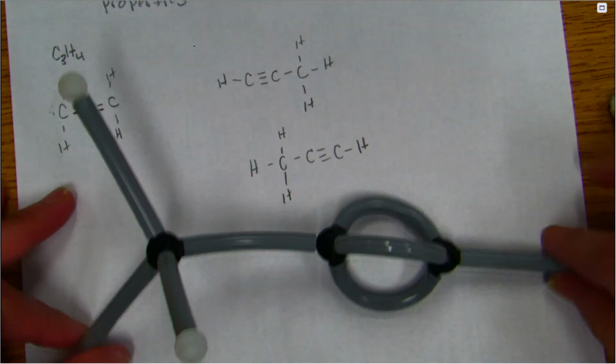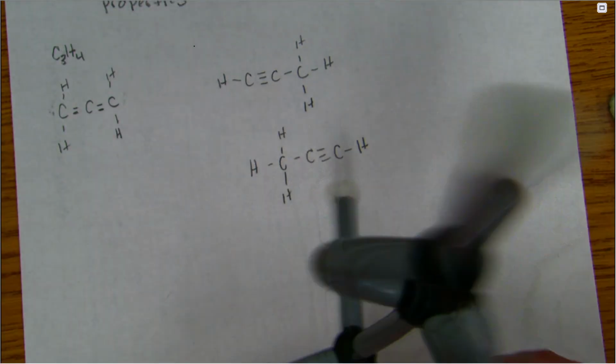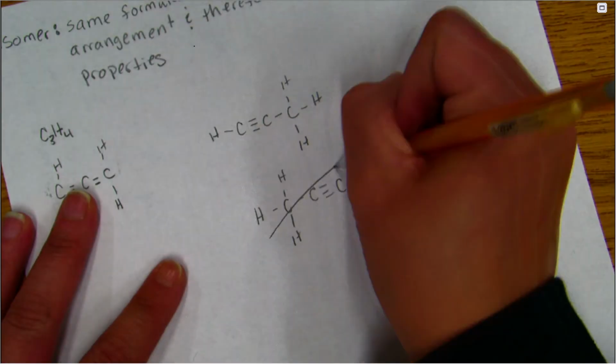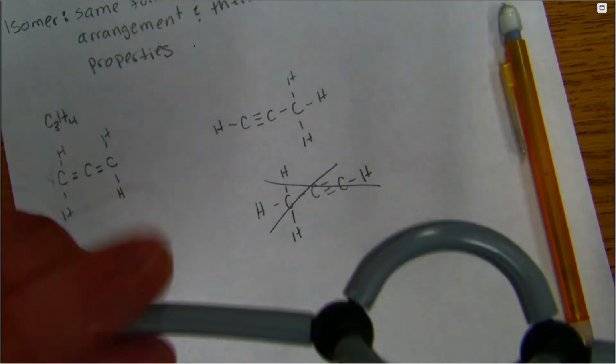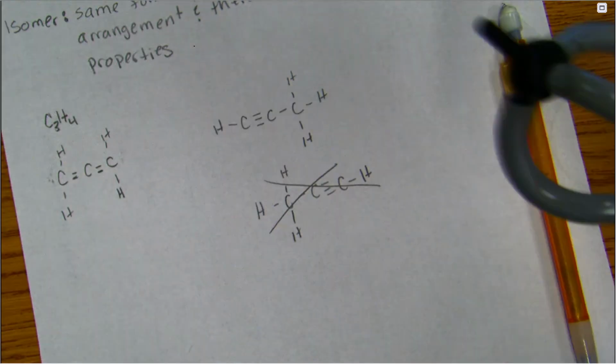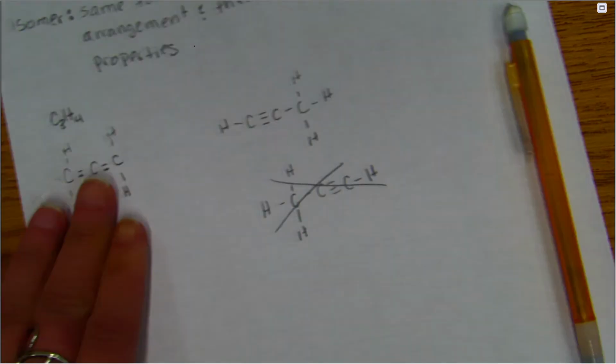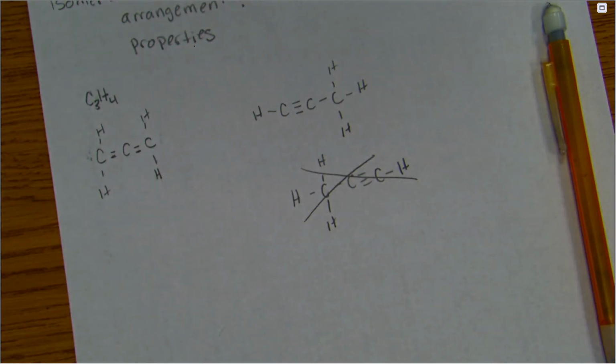All I did was move my compound to the different mirrored image. I did not have to actually physically break anything off and rearrange it like I did in order to get from my first structure to my second structure.